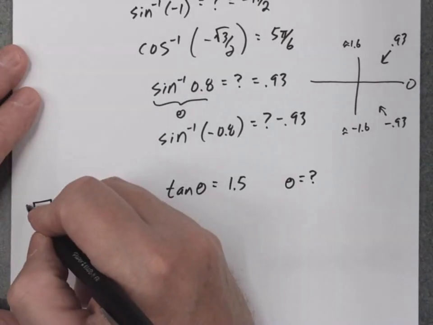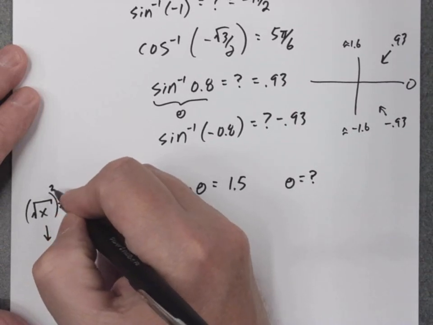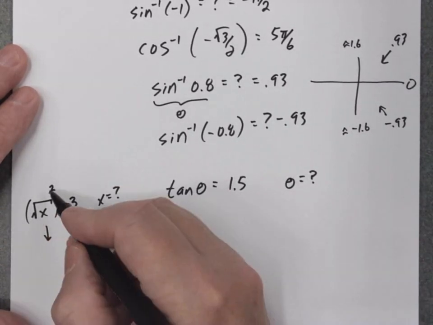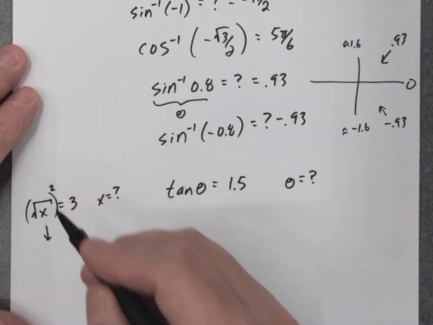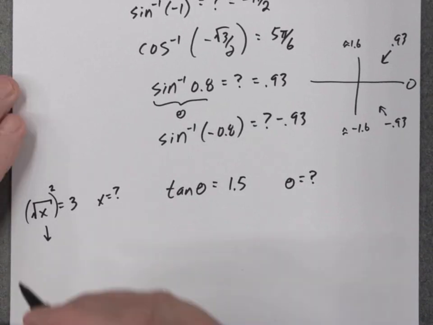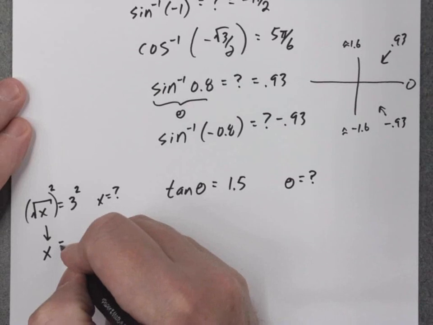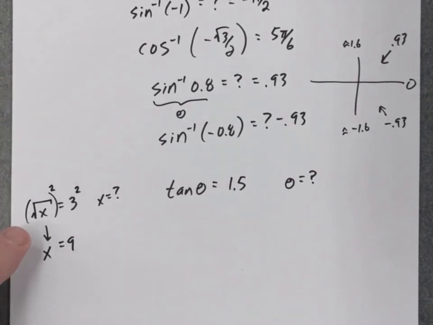Hopefully you remember from algebra, if you want to get rid of a square root, you square it, because a square root and something squared are like opposites. They negate or cancel each other. Of course, you have to do it to both sides. So square root of x equals 3, you solve that, x equals 9.